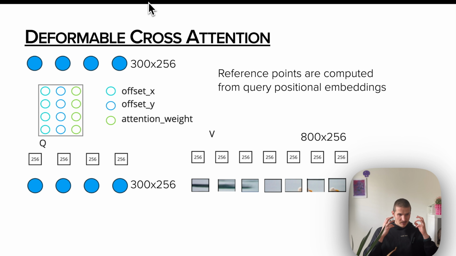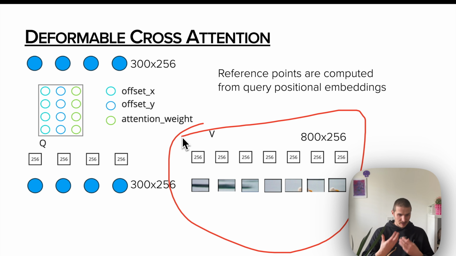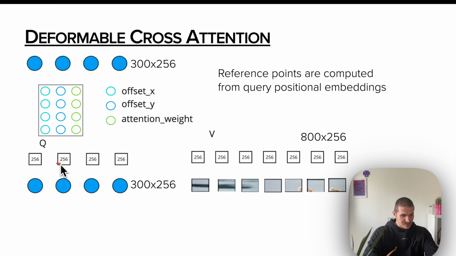So this is how it works. And here is how the deformable cross-attention will look. Once again, we don't have key, we just have query and value. From the value side, we have our image, our encoder output that contains a refined representation of the actual content of the image. And on the query side, we have our experts. In Deformable DETR, we use 300 of them, which will correspond to 300 potential object predictions. The output of deformable cross-attention will have the same shape as the number of experts in the input, right?